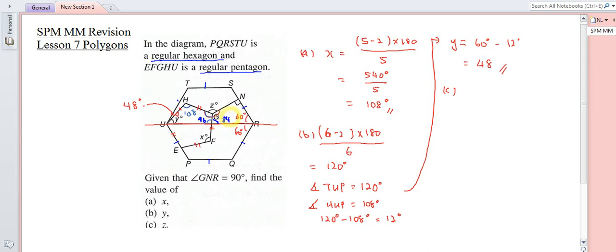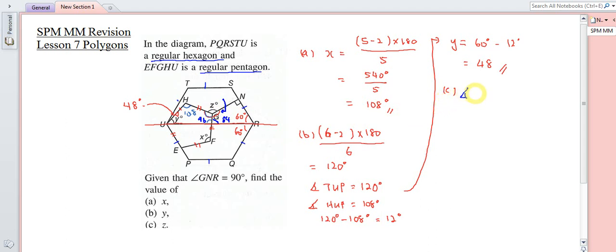Here 84. So how to get this angle? Another quadrilateral, right? So the sum of the interior angles for a quadrilateral will be 360. 360 minus 84, 60, and 90 will give you this angle. Let me write down the angle.